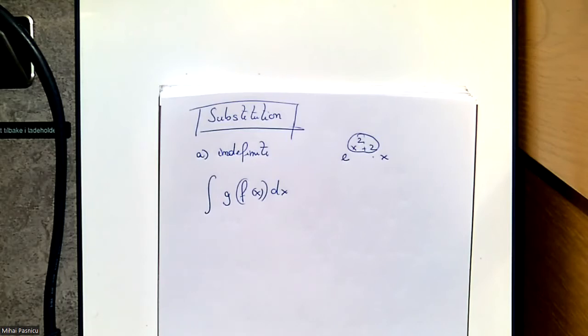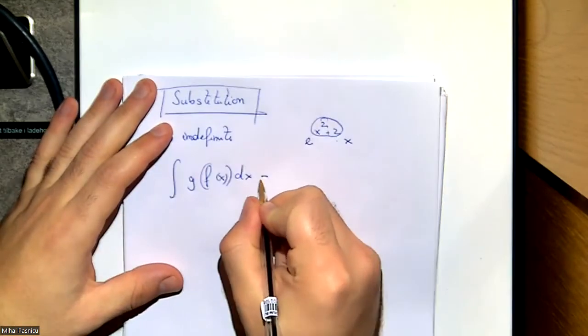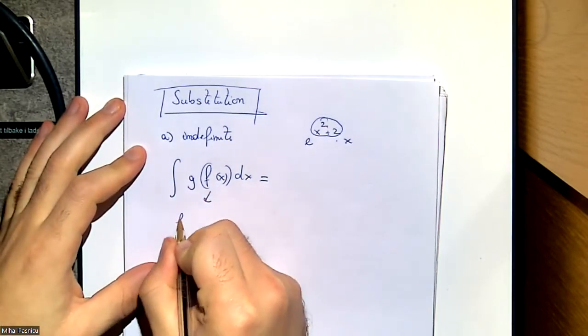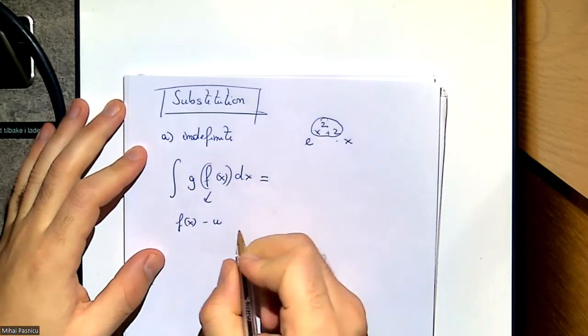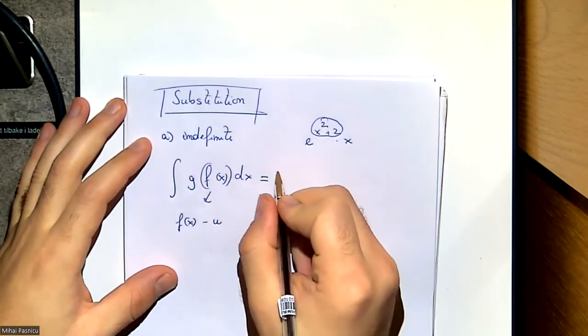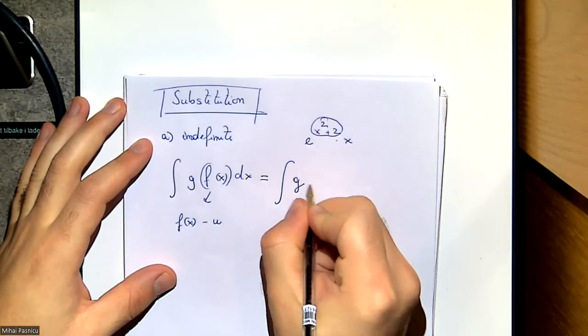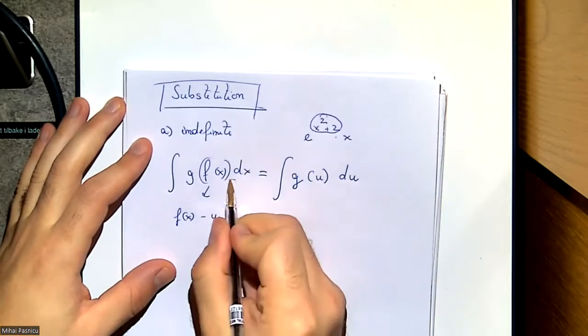Never something good. The idea is that you can just change this. If you just have this f of x equal to u, then you can write this as being the integral of g of u du. Be careful.